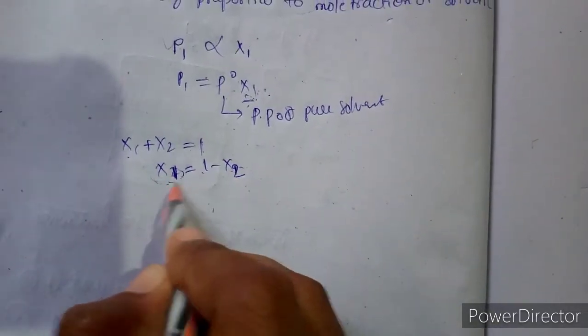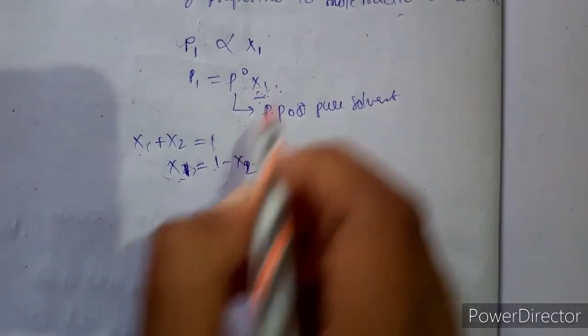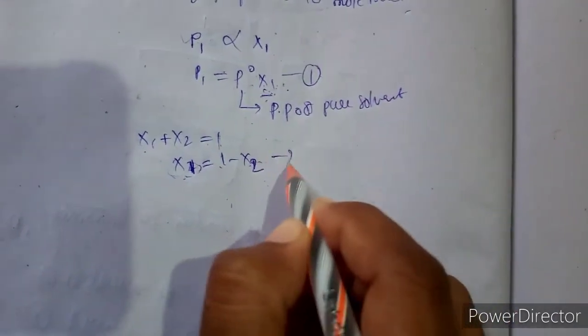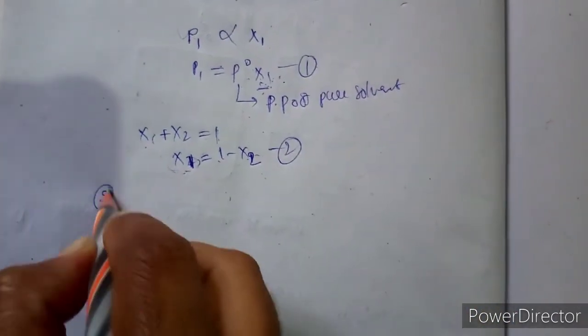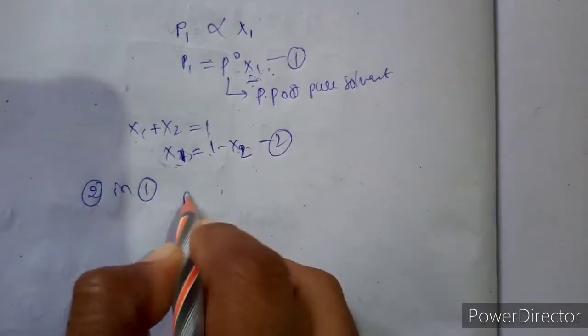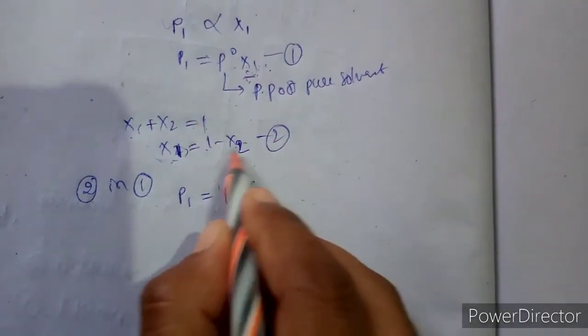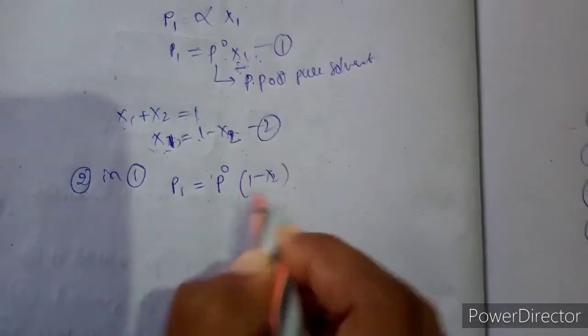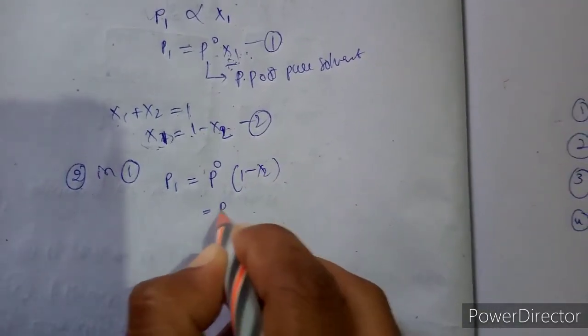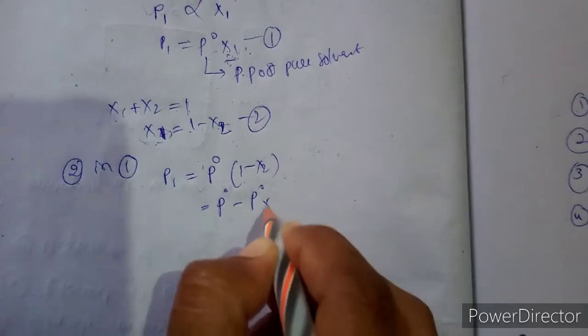If we substitute the X1 value, this is equation 1 and this is equation 2. Considering 2 in 1, P1 is equal to P0 X1, and X1 is 1 minus X2. So multiply P0 into both terms: P1 = P0 minus P0 X2.